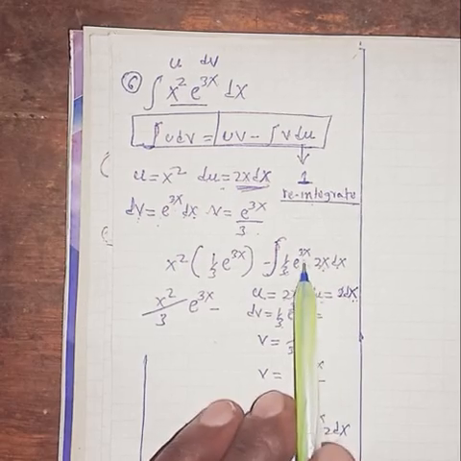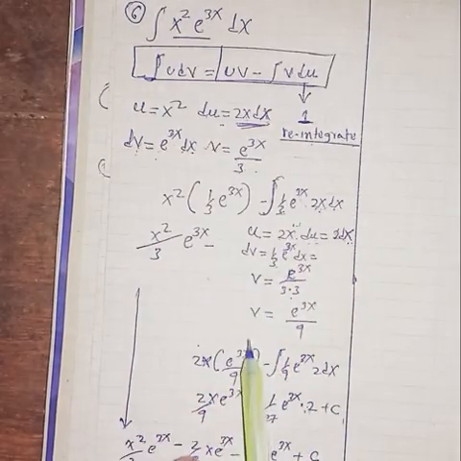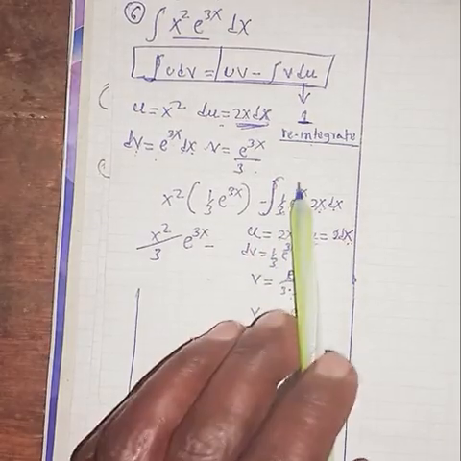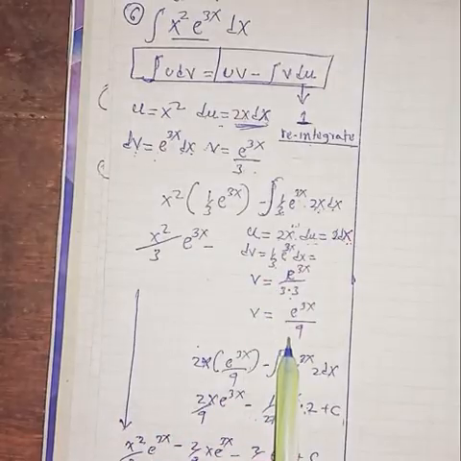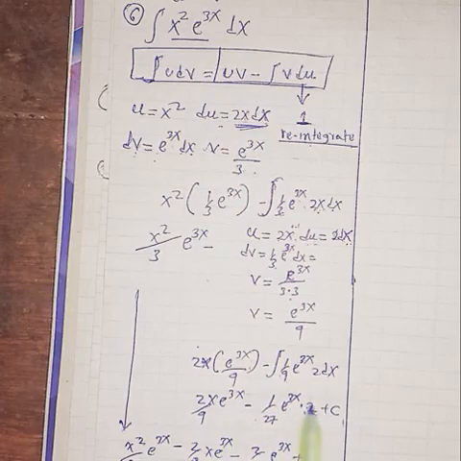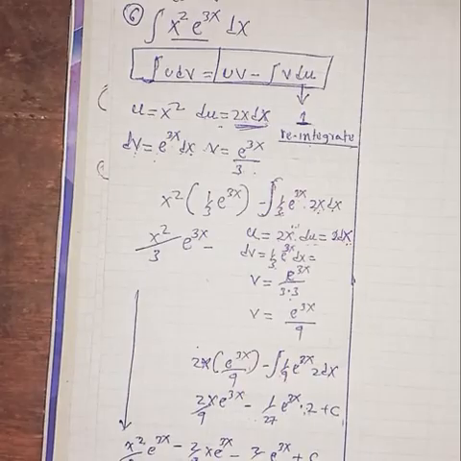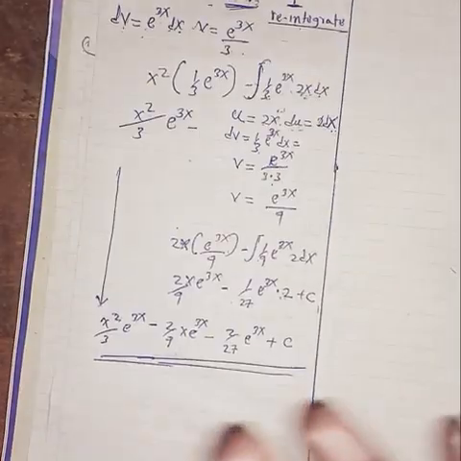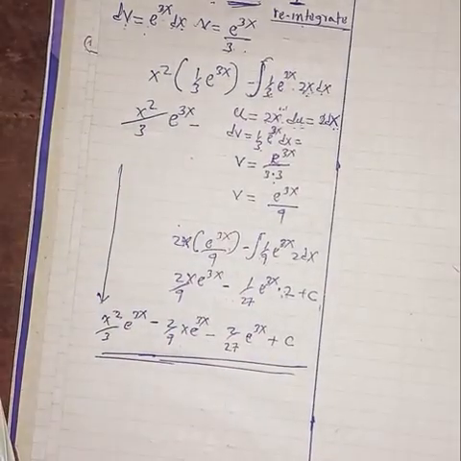So we had to do again what we call integration. We had to integrate this alone again. We find it here. That was the whole answer. Now we connect with the main one and we get the answer. And that is all about it. Hope you are following, guys.